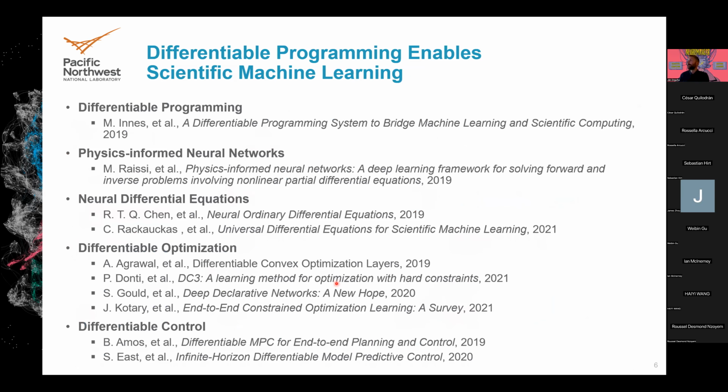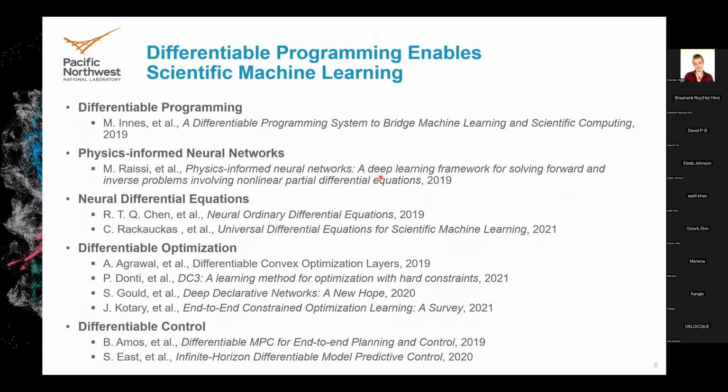And as a highlight, only a couple of influential papers that influenced my own research. This is a very incomplete and biased list of papers, but something that I found very inspiring and interesting are differential programming, systems to bridge machine learning and scientific computing, brought forward by the Julia community.